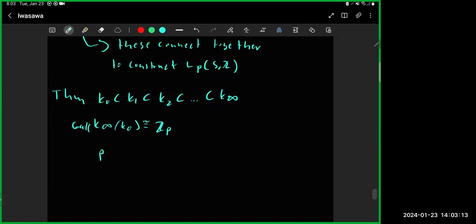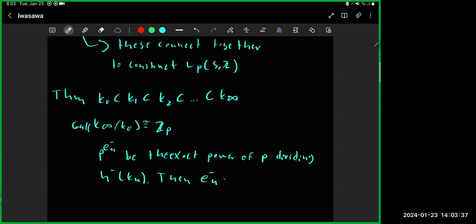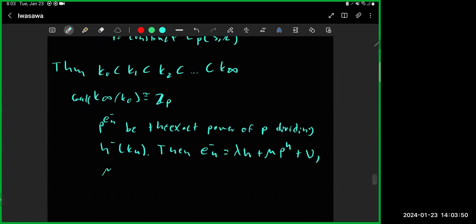Here's how it goes. Let p to the e_n minus be the exact power of p dividing h minus of k_n. Then e_n minus has the following form: it's some constant lambda multiplied by n, plus mu times p^n, plus nu, where mu, lambda, and nu are all independent of n.